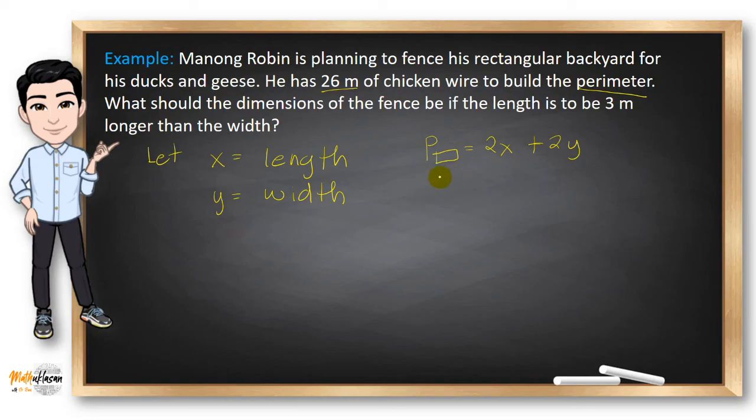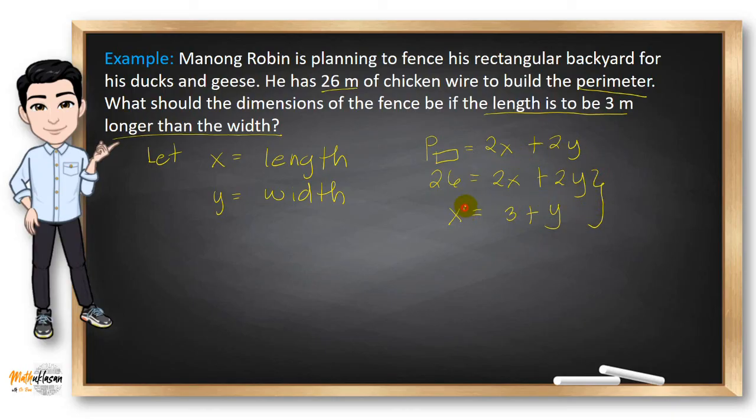Now, since the perimeter is 26, our first equation is 26 equals 2x plus 2y. And it says here that the length is 3 meters longer than the width. So if the length is x, you need to add 3 to the width, which is y. And we now have our two equations.